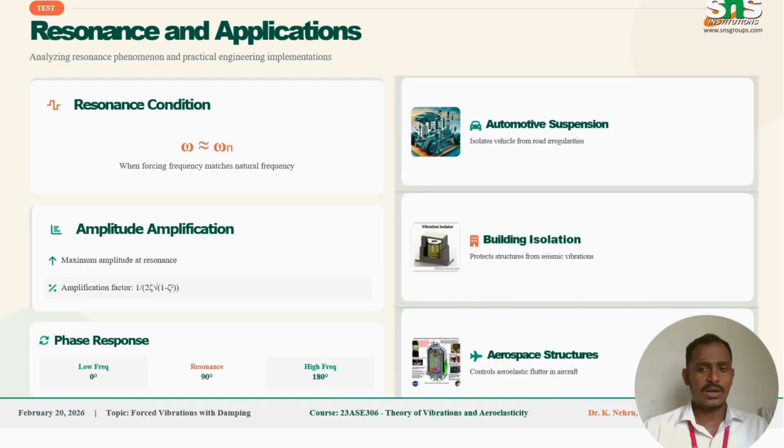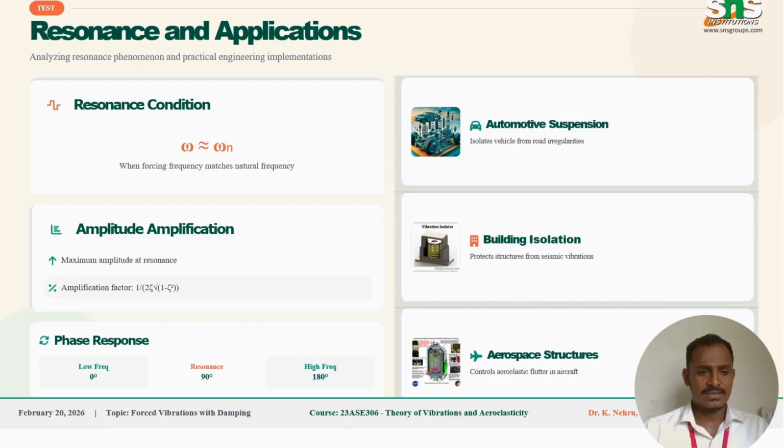Now coming to the most critical concept, called resonance. Resonance occurs when the forcing frequency is approximately equal to the natural frequency, where omega equal to omega n gives the condition in which the system frequency matches. At this condition, the amplitude becomes maximum, which can be dangerous. The amplification factor is 1 by 2 zeta.